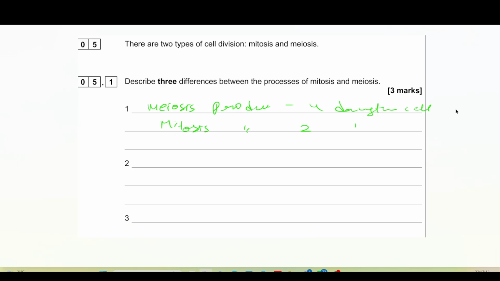Mitosis only produces two. Meiosis daughter cells have 23 chromosomes each.